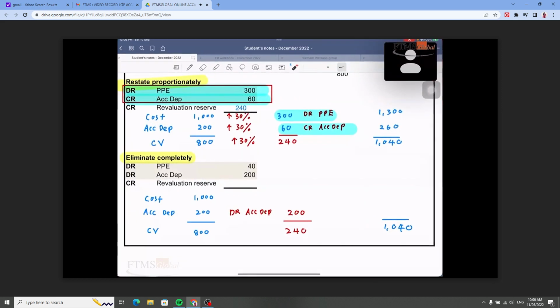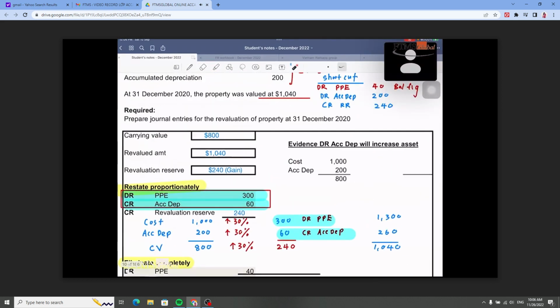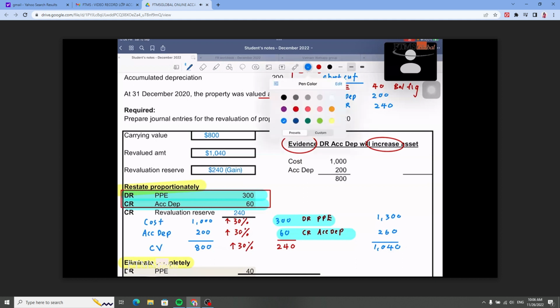So anyway, if you can't see, then I prove it to you. Evidence that debiting accumulated depreciation will increase asset. So this is the evidence. Everything remains the same. The only thing is I go and debit my accumulated depreciation. So here I will just debit accumulated depreciation, say maybe by 50.